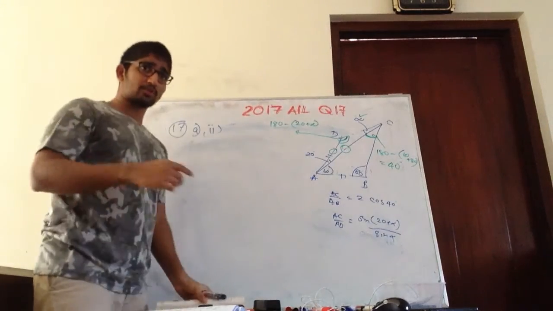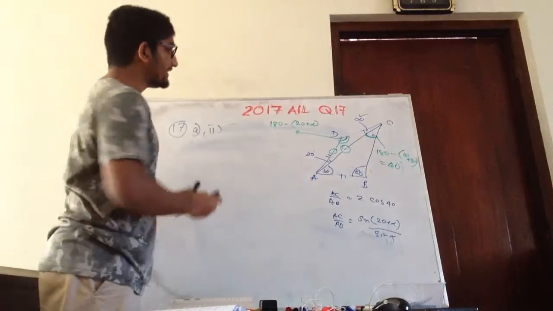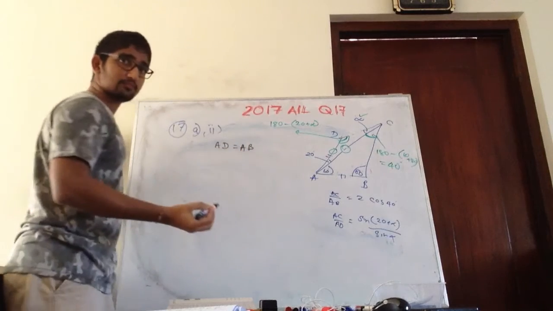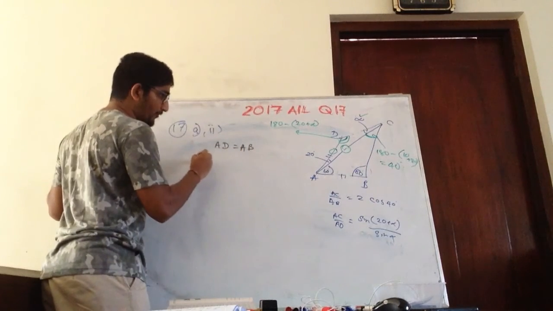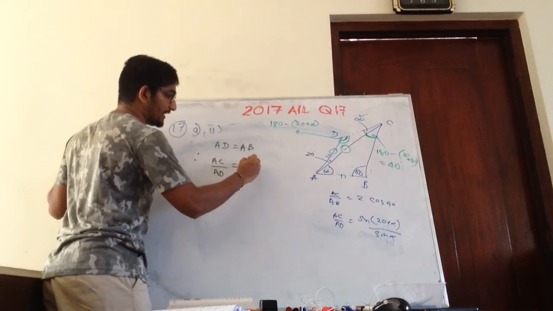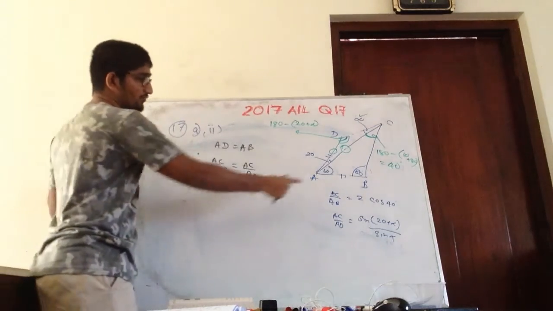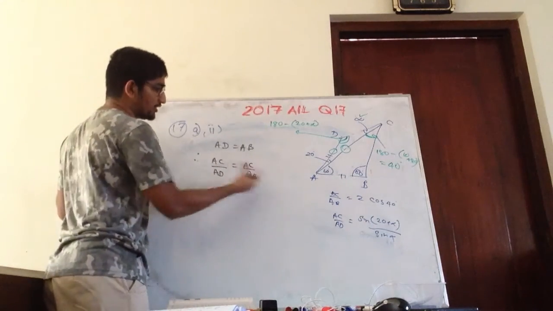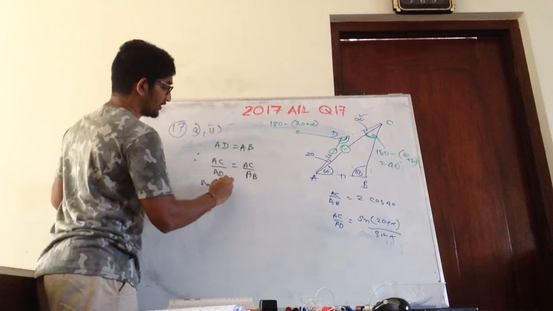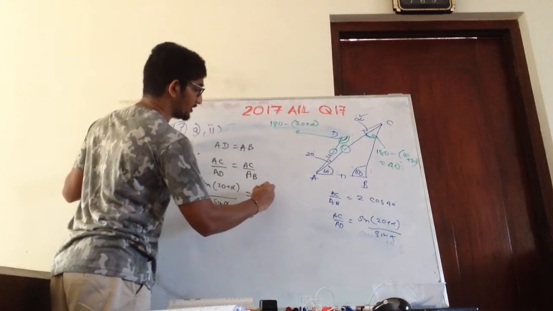Right. So now we know that AD is equal to AB, no? Right? So therefore AC over AD is equal to AC over AB, no problem. So now we know this ratio, so we just need to equate this. AC over AD is going to be sine 20 plus alpha over sine alpha, and AC over AB is going to be 2 cos 40.